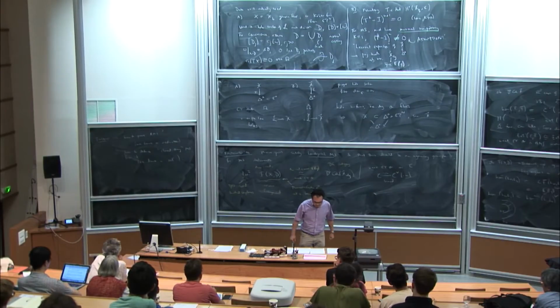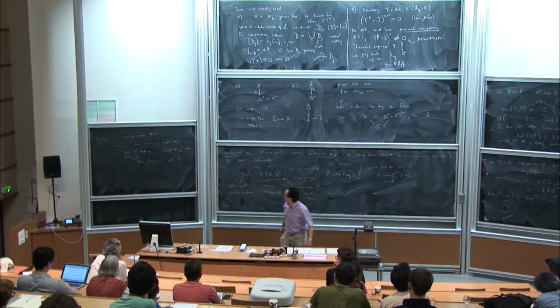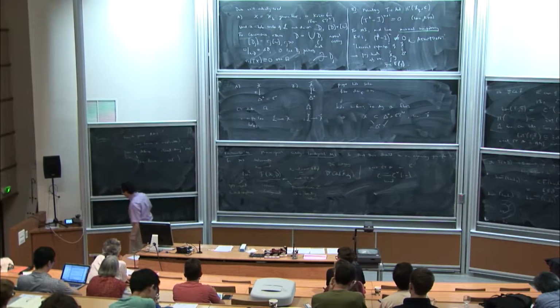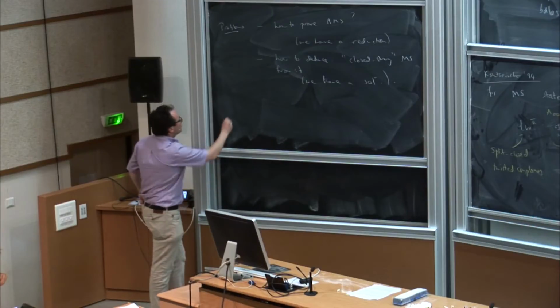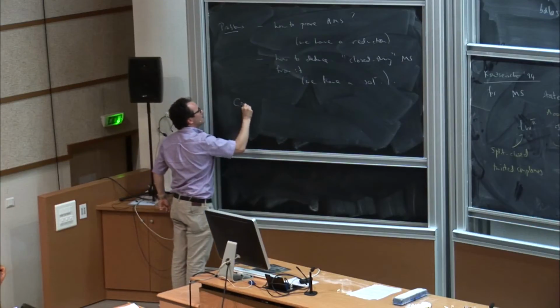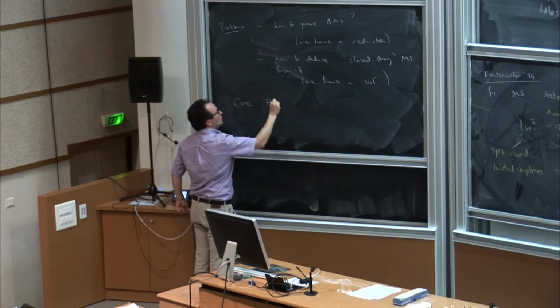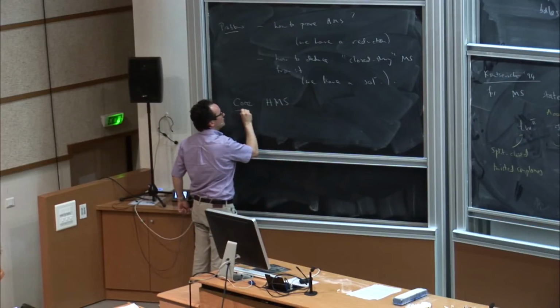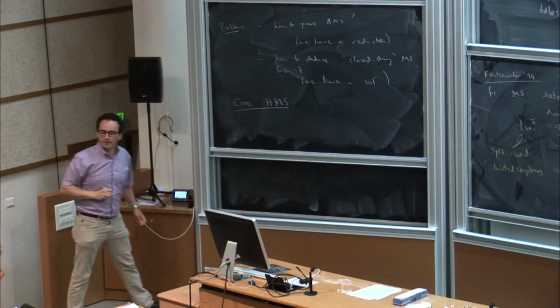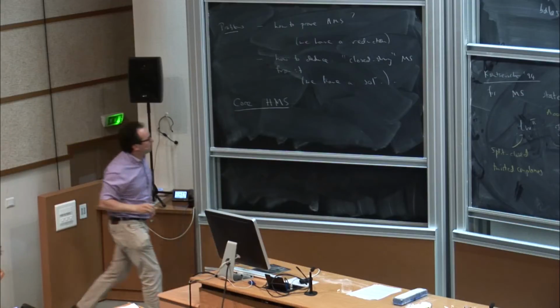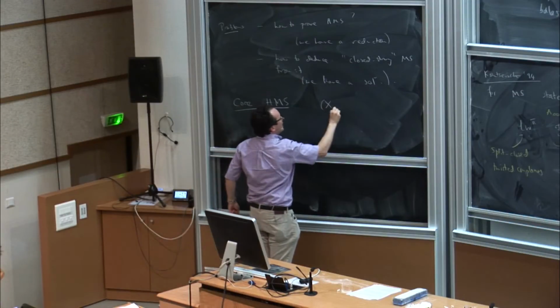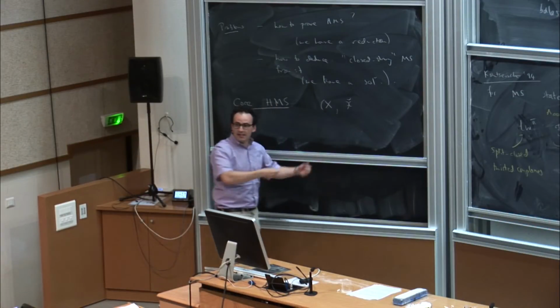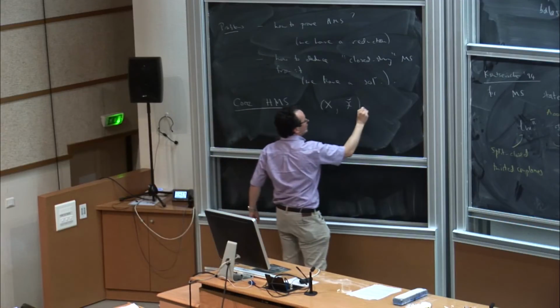So the whole story is based on a notion that we call core homological mirror symmetry. Okay. So let's take X and X check with all their attendant data as before.